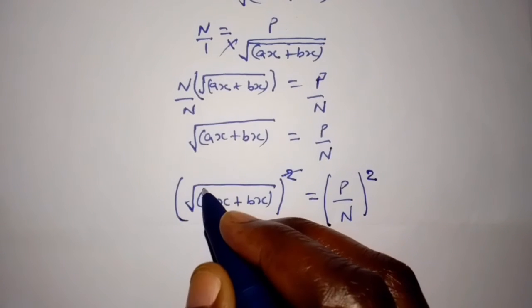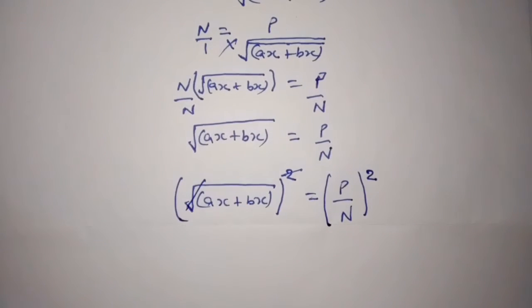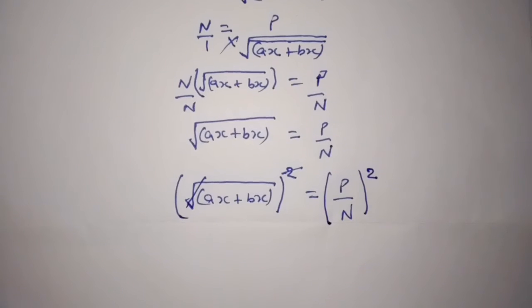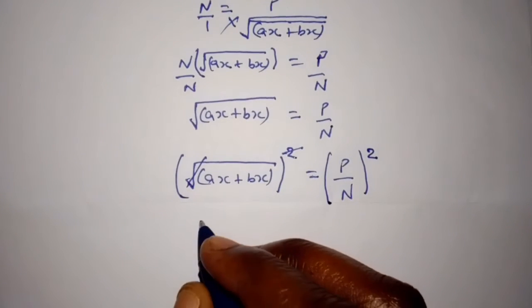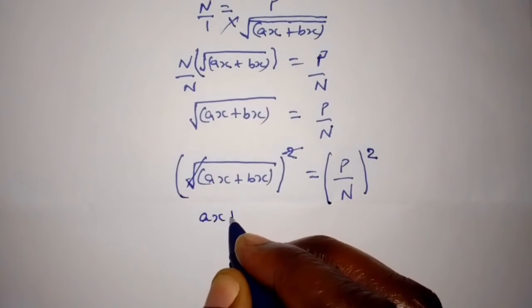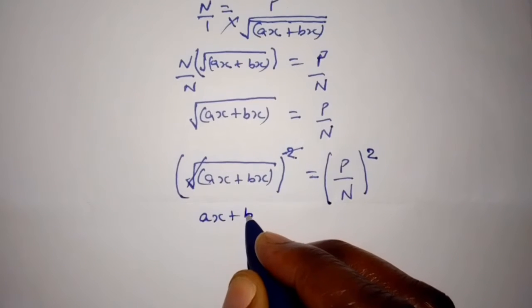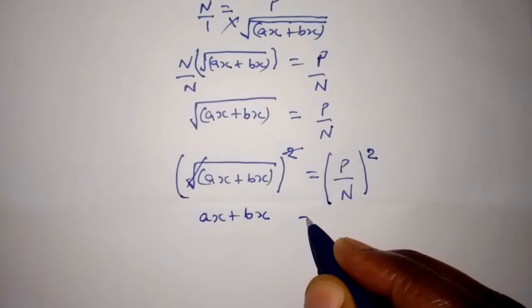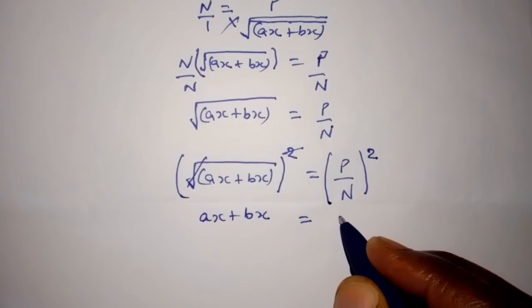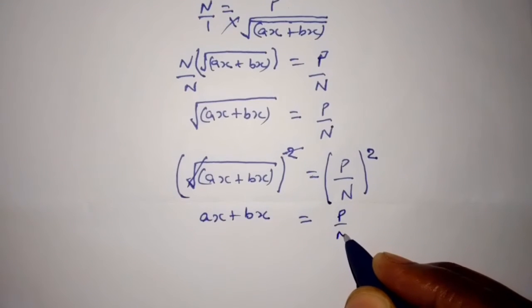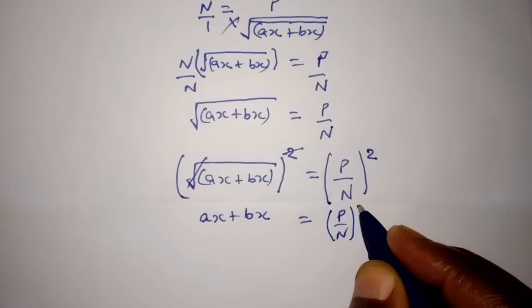These two will cancel the square root. This is going to give us ax plus bx is equal to p over n squared.